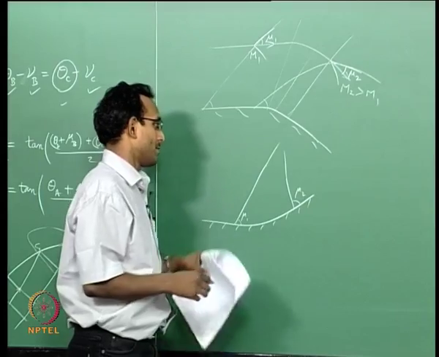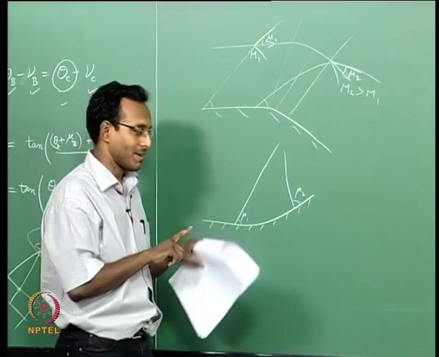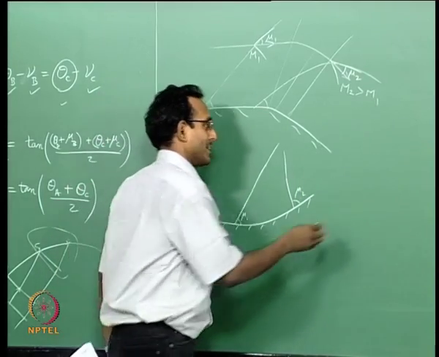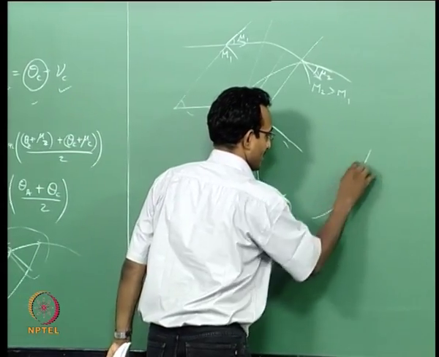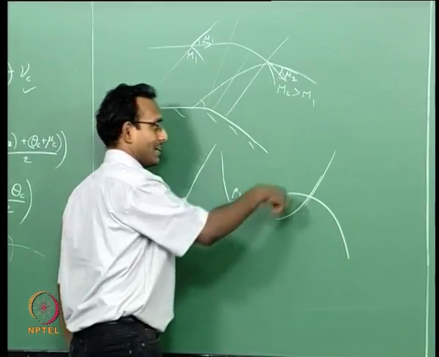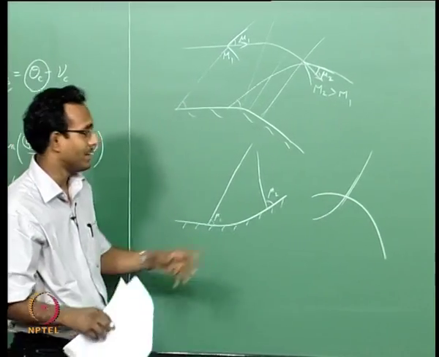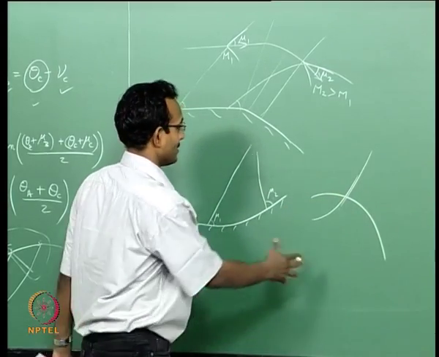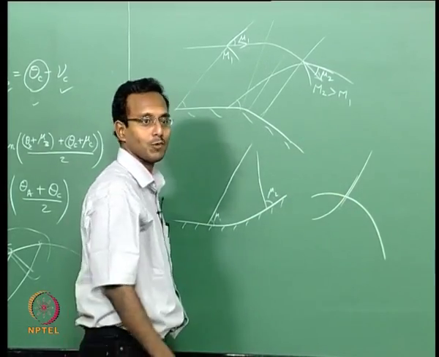Okay. But of course I cannot say this when I am thinking about one left running and one right running. If there is a case where right running is turning this way and left running is turning this way, I cannot tell anything about the flow at that point. I need more characteristics to tell what will happen there. All I can tell is the flow is non-uniform, nothing more.